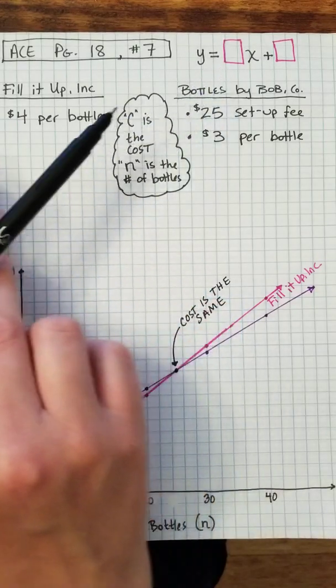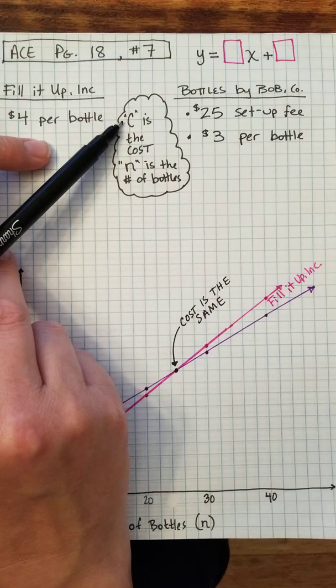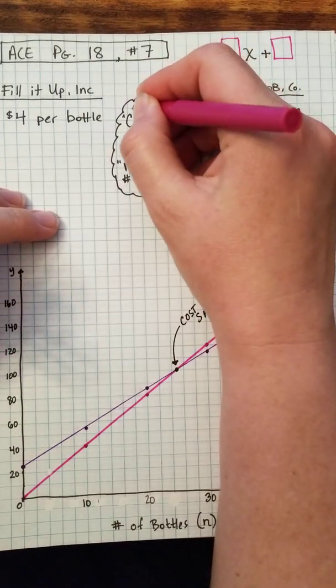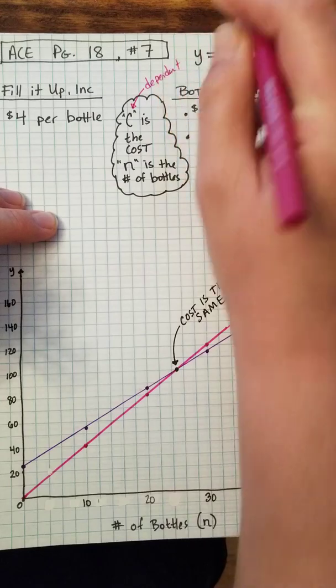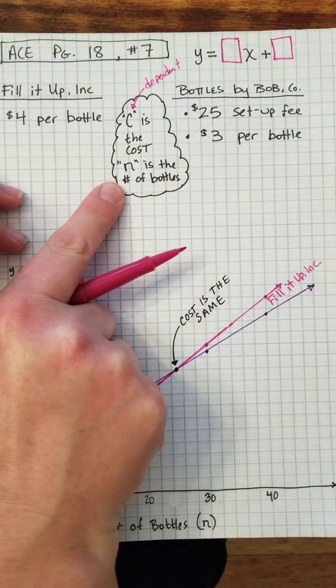In this case, I have made C, the cost, the dependent variable. So I'm actually going to write that there. C is going to be dependent, because we know the final cost is going to depend on how many bottles we buy.